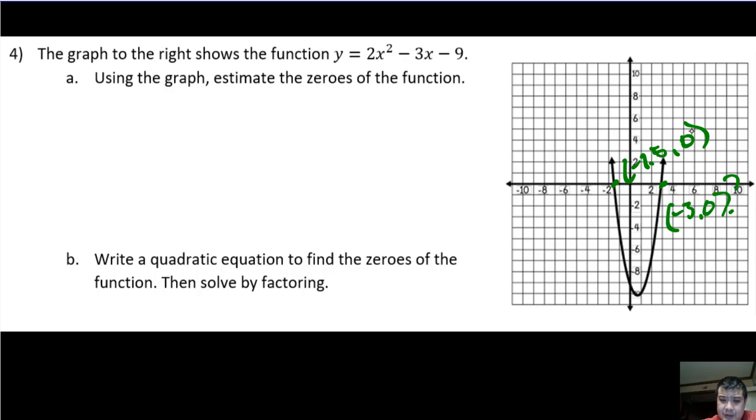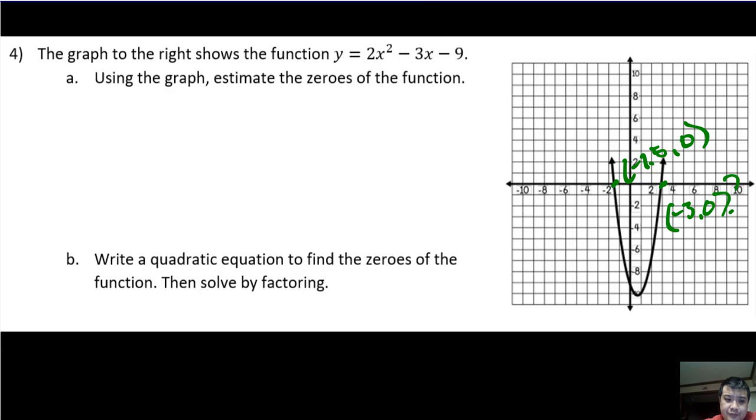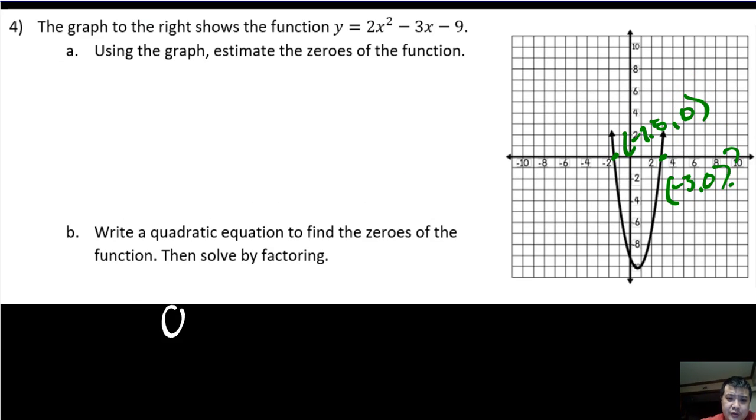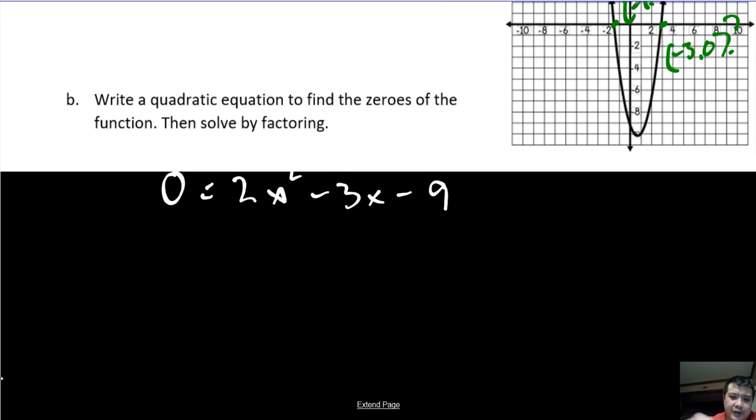Those are going to be our estimates. It says write the quadratic equation to find the zeros of the function and then solve by factoring. So we're going to set this equal to 0. So y is going to be 0: 0 = 2x² - 3x - 9. And we're going to solve this by factoring.